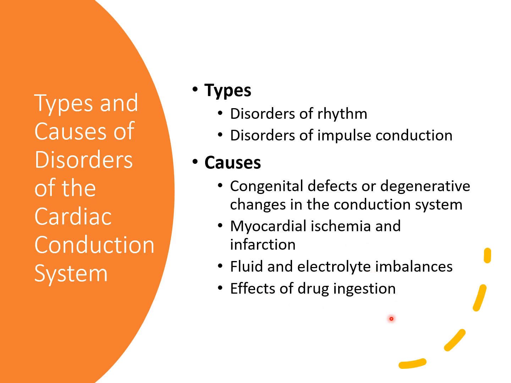And also effects of drug ingestion. We have a lot of drugs that affect the balance of things like especially electrolytes within the body. So many of those drugs can also change electrical conduction throughout that cardiac system.